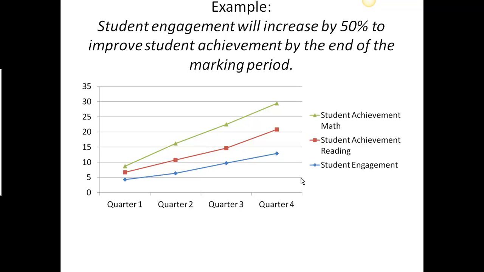So let's say that here you are now and you have a classroom and you've got math going on in your classroom, you've got reading going on in your classroom, and so you're measuring that achievement as you're measuring student engagement increasing.